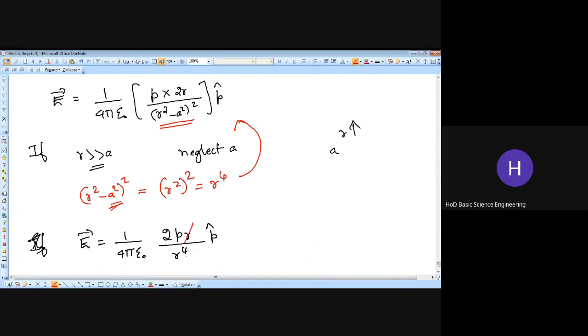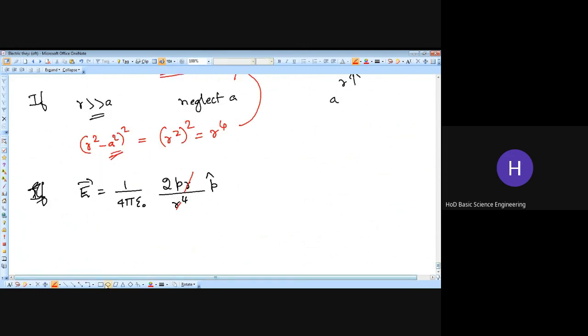So R to the power 4 is there, one R can be cancelled, so you are left with R to the power 3. One by 4 pi epsilon naught, 2P divided by R cube into P cap.